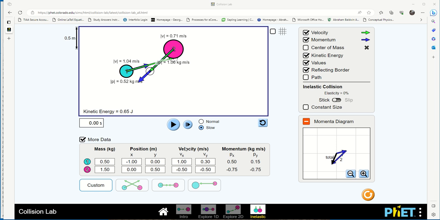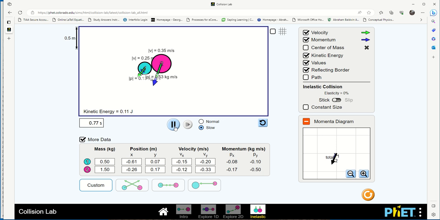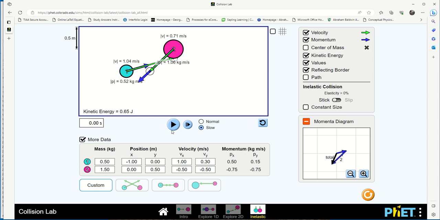Let me just run the simulation again real quick. I'm going to hit play and then pause. Actually, let me do it one more time, and that's why I wanted to reset it.